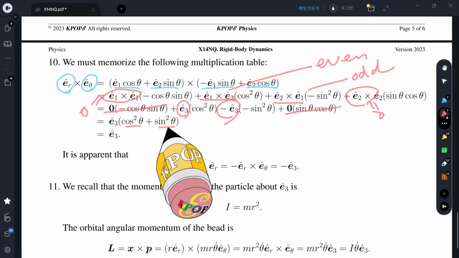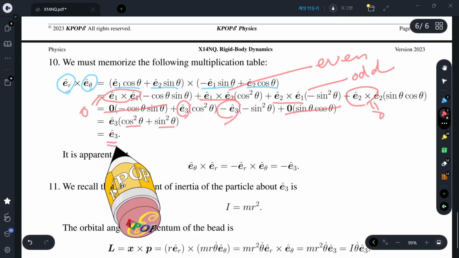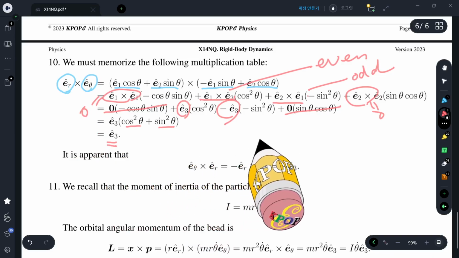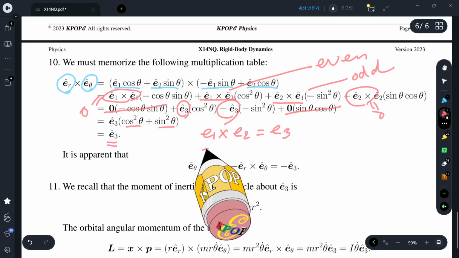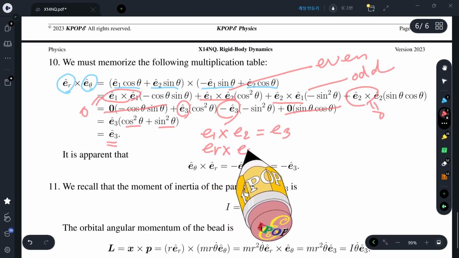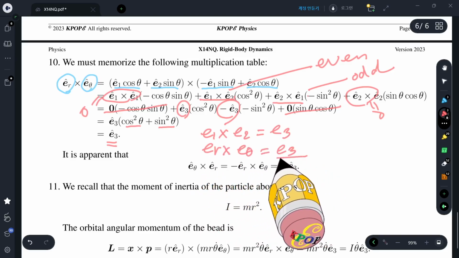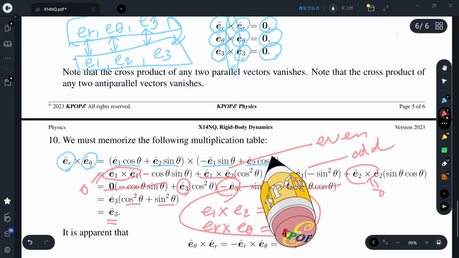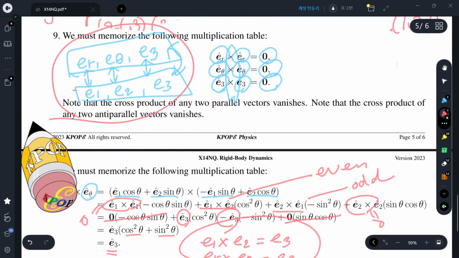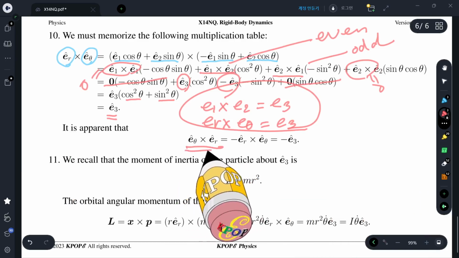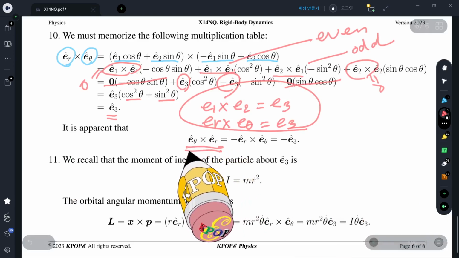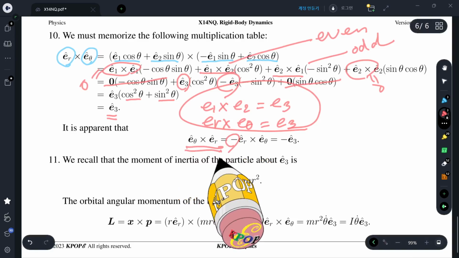According to Pythagoras' theorem, it is E3. It is just like the case E1 cross E2 equals E3. We have E r, E theta, E3. That's the reason why I have told you they have a consistent relationship. Okay. Still, if I exchange the order, I have a negative sign. Remember.